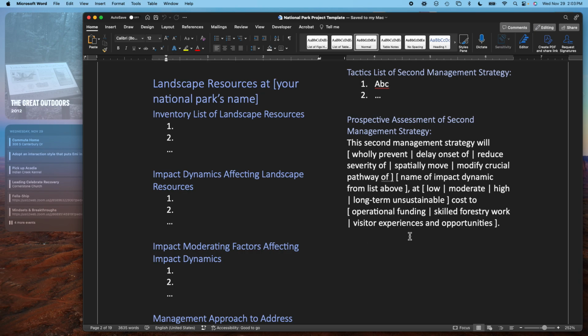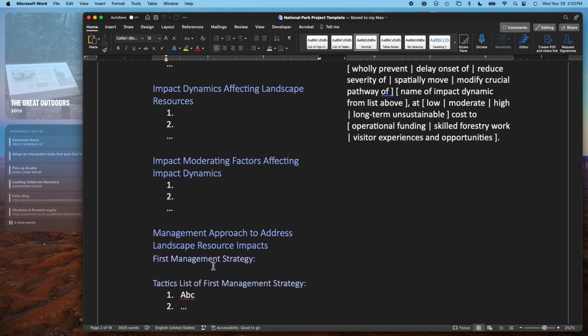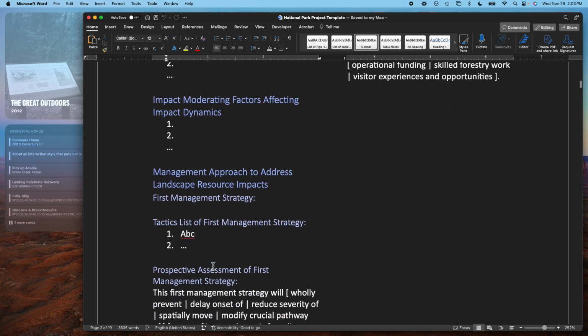Then just work through each thing. What are the impacts to those landscape resources at your park? List them, if any, that you're aware of. Any moderating factors, like we've talked about for each class of resources, right? And then what are some management strategies and tactics?